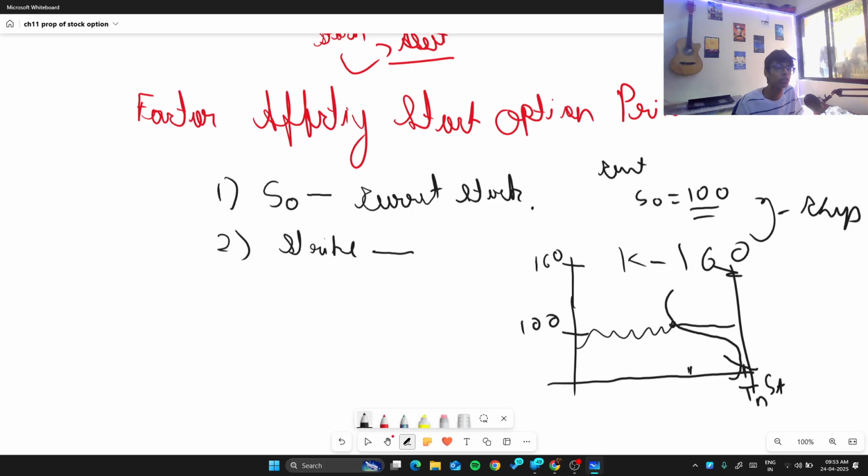So the probability to reach 160 is very low. If we find the CDF, the cumulative distribution of that, intuitively the price would reasonably reach 120 or 130 at max. If the strike price is too high, then the probability of getting to that strike price will be very low. That's why the option price will be low.